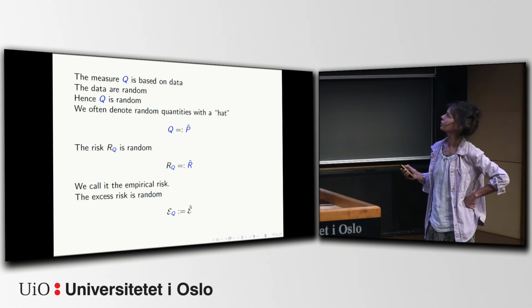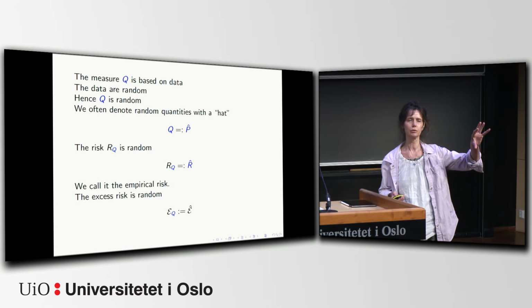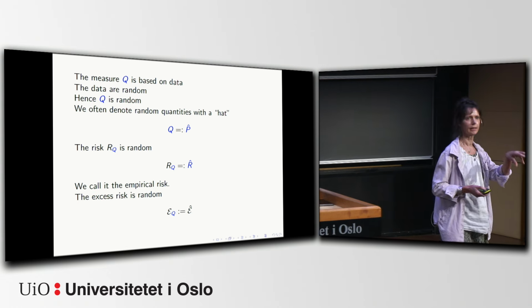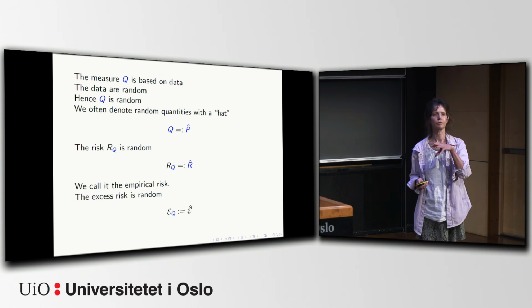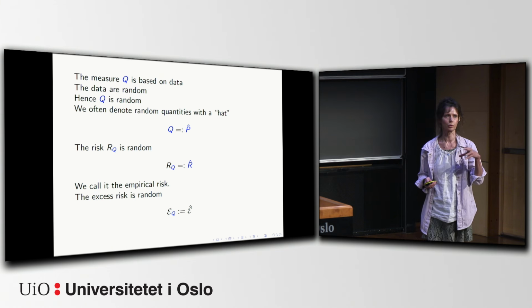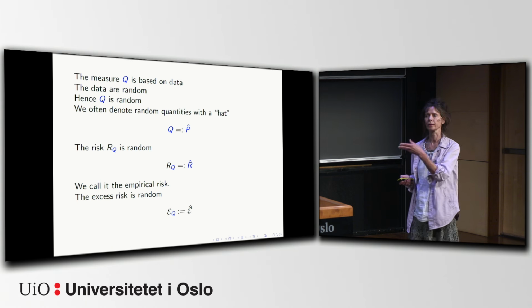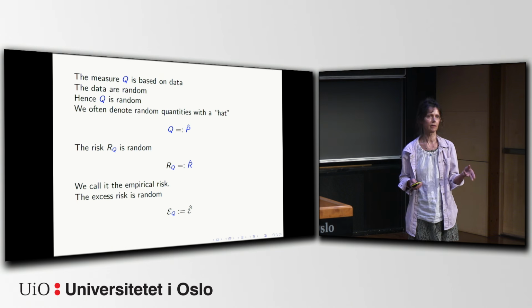Now, there's an unknown probability measure. How do you approximate it? Well, you approximate it by looking at the data, so looking around at what would be the development of the possible states of the world. You sort of estimate the unknown probability measure by looking around at data. And as a statistician, I think data are random.